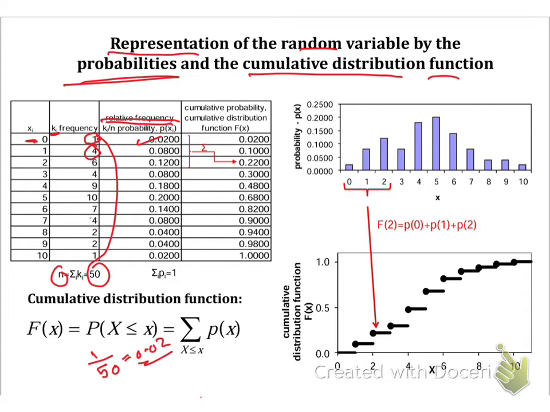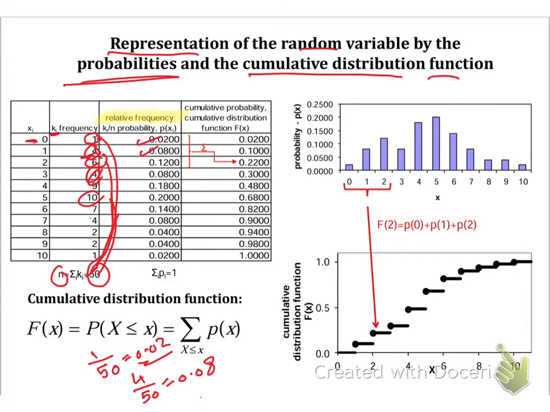I wrote 0.08 here. This is called the relative frequency, and so on. I check 6 divided by 50, 4 divided by 50, 9 divided by 50, 10 divided by 50, until I reach the last one.